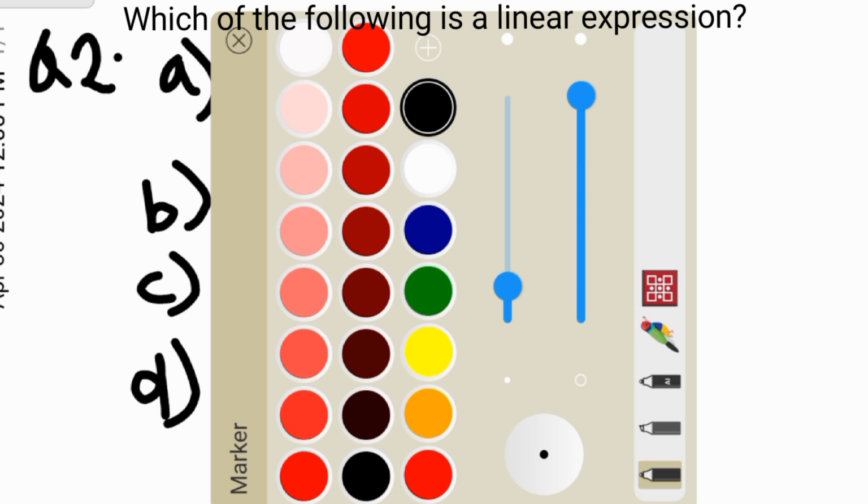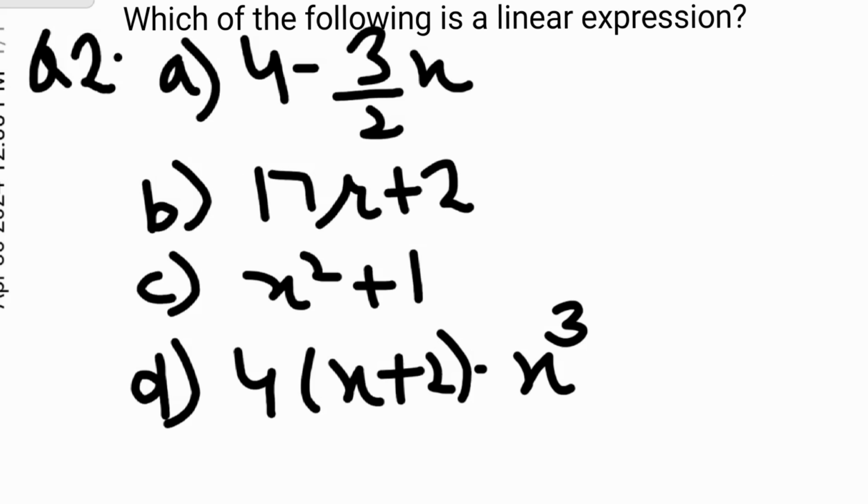If we see all the options, we all know that the expression which shows only 1 degree is known as a linear expression. In the first option, x contains only 1 degree, so it is a linear expression. Option A is correct.